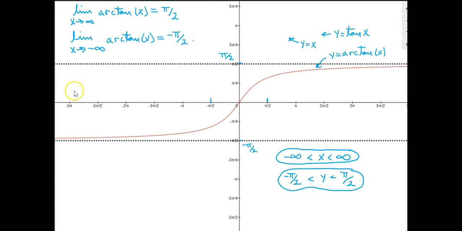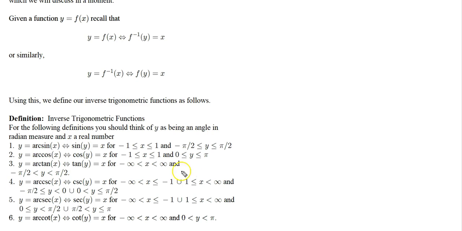So once again, this is the graph of our arctangent, and these are the two horizontal asymptotes for the arctangent function. And so that graphic that we just looked over clears up our understanding of what the arctangent is. And you notice down here we have our definition for the arc cotangent that is defined similarly, except that the range for the arc cotangent is from 0 to pi instead of negative pi over 2 to pi over 2.